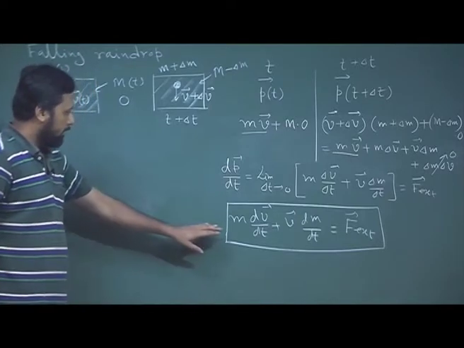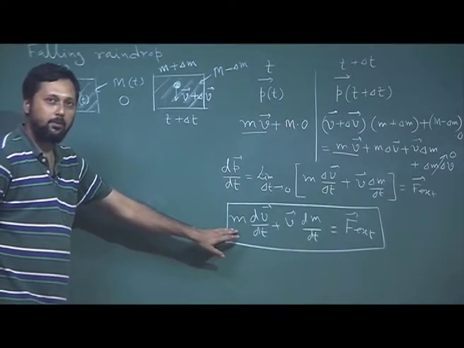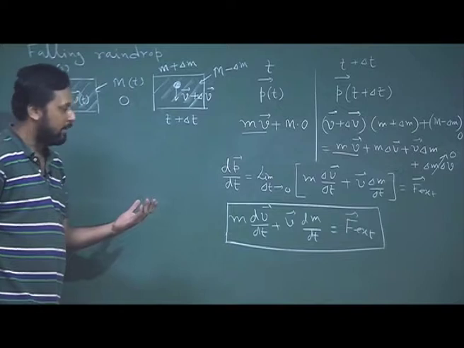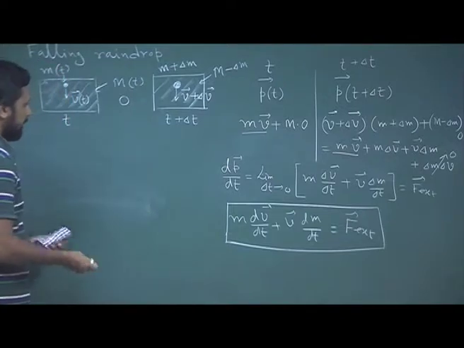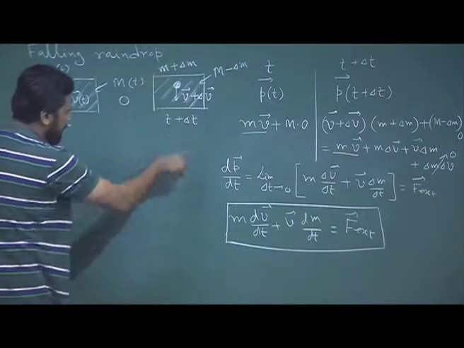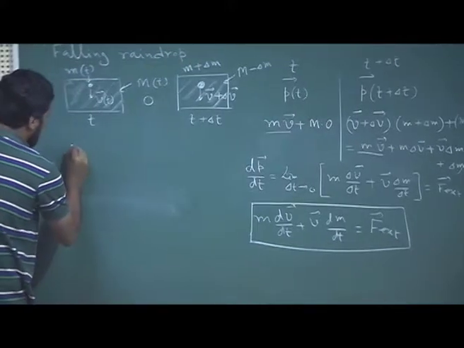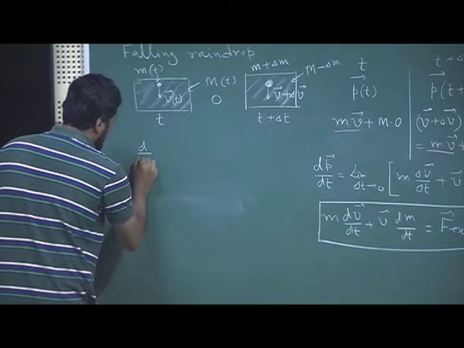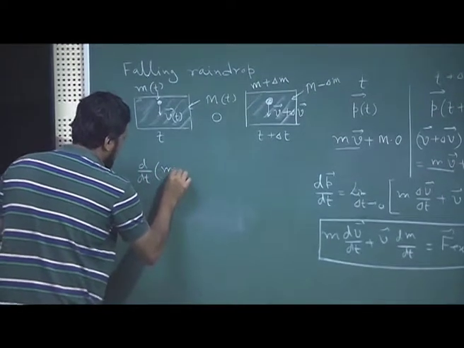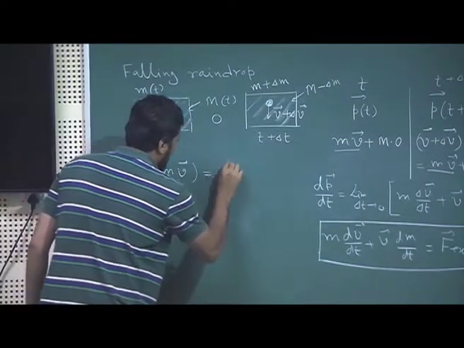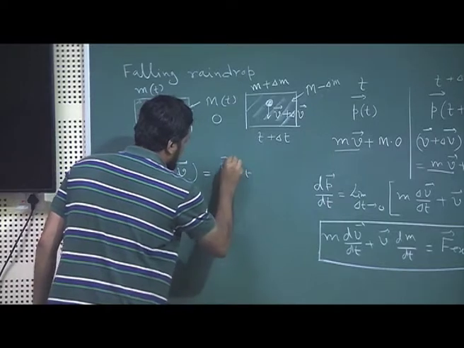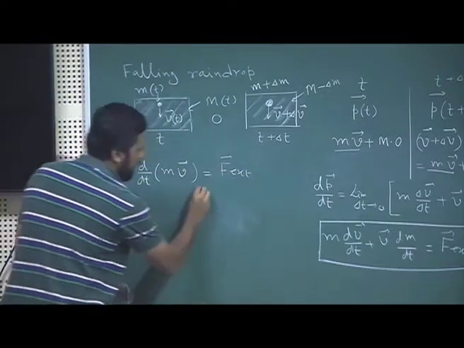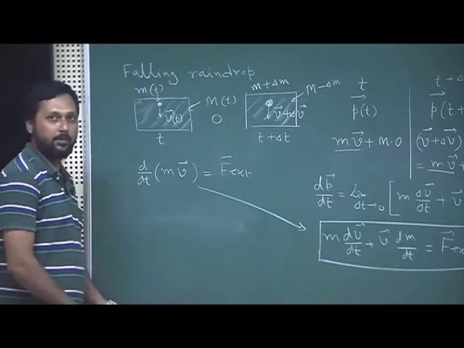And if we start from the standard equation without doing all this elaborate procedure, if we simply write Newton's second law in its original form, F external equals dp dt, and take the derivative of this, we will essentially get the same equation.